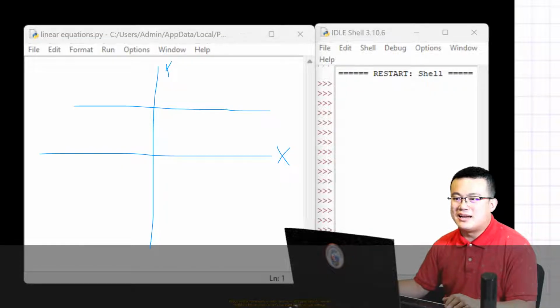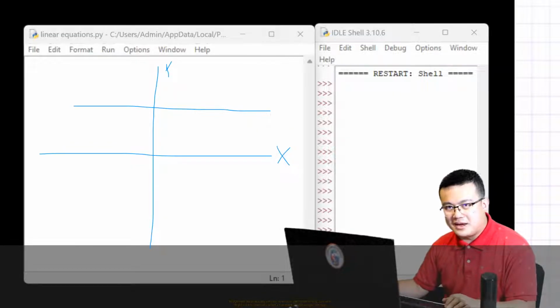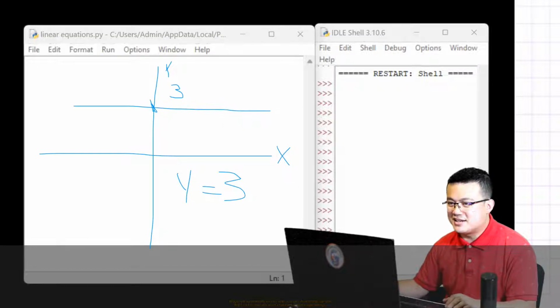When we have a line that's going through just one point on the y-axis, it would just be y equals whatever this point is. Imagine if it was, say, 3. Then this line going through the top of this plane is just y equals 3. Not very interesting, but it makes sense.